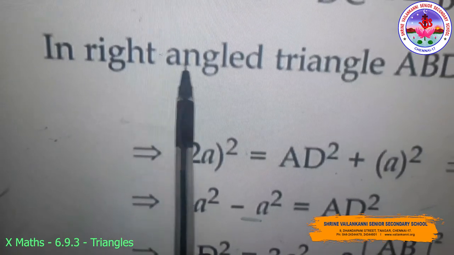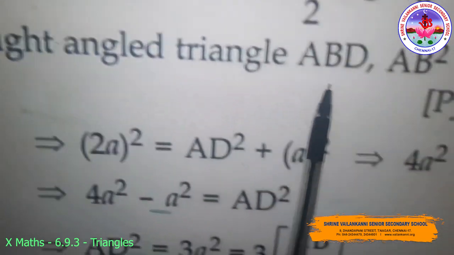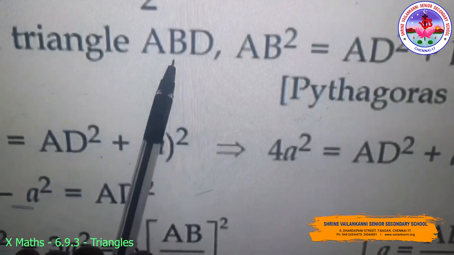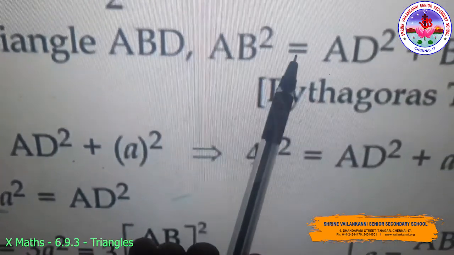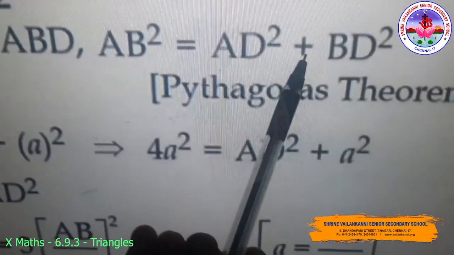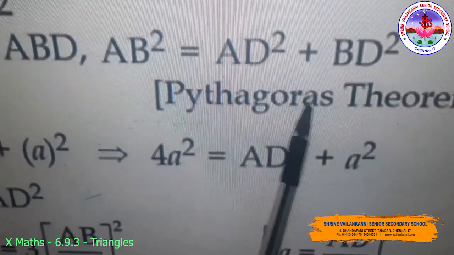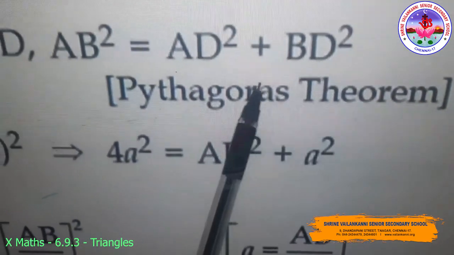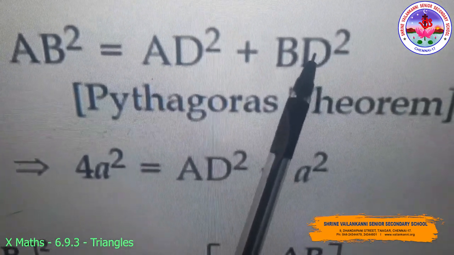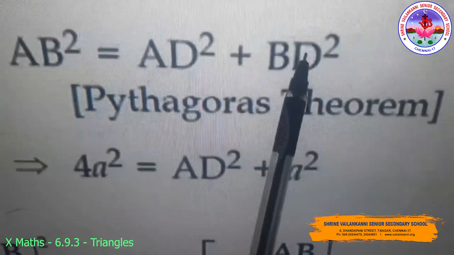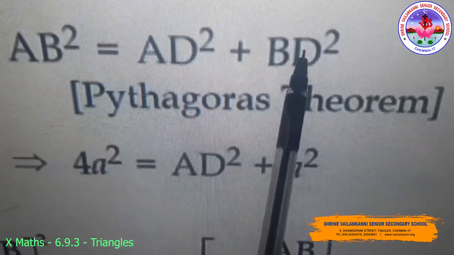So we are considering right angle triangle ABD, where AB is the hypotenuse. So we get AB square is equal to AD square plus BD square by Pythagoras theorem. So as we said, BD will be half of my BC, since D is the midpoint. So I have BD is equal to a.